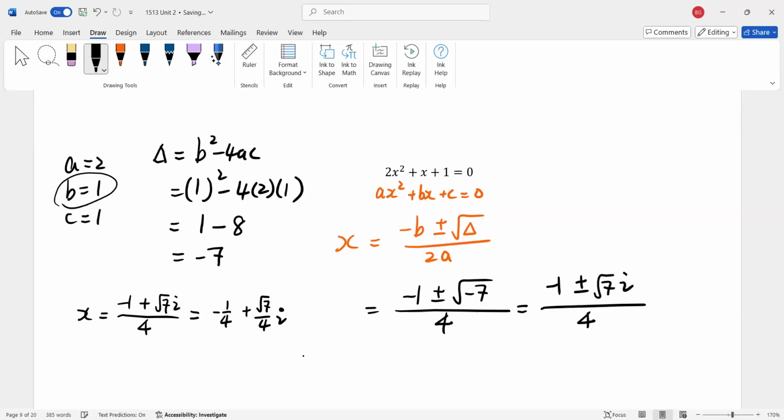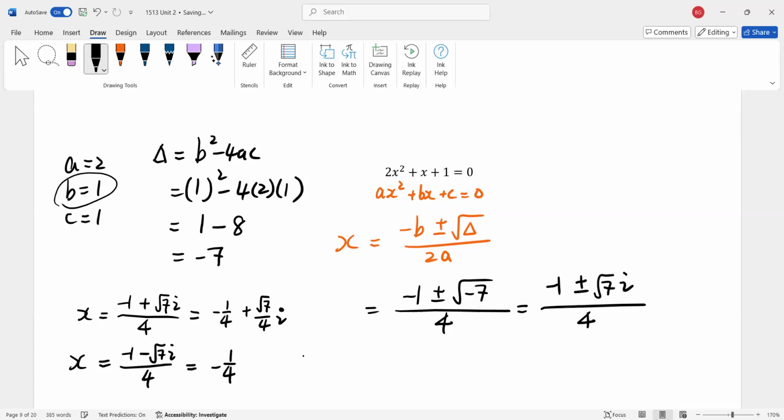So this is a complex number in standard form, right? Real part, -1/4. Imaginary part, root 7 over 4. Imaginary unit is i. And another solution, -1 minus root 7 i over 4, is its conjugate. If a quadratic equation has two non-real complex solutions, meaning there's an i in it, then the two solutions are always conjugates of each other.